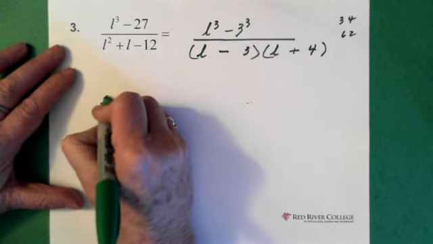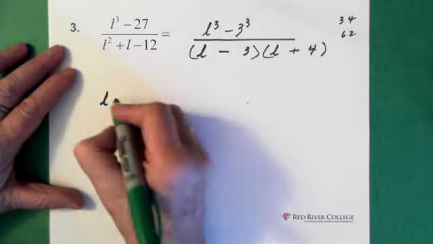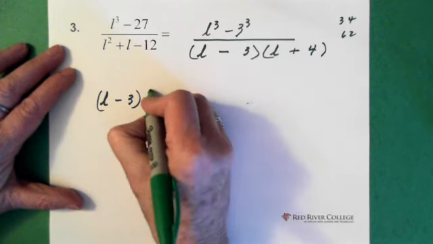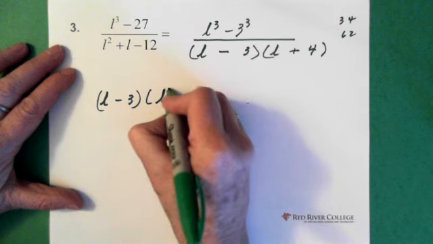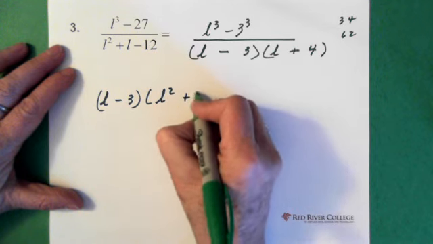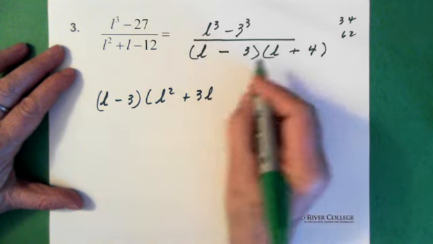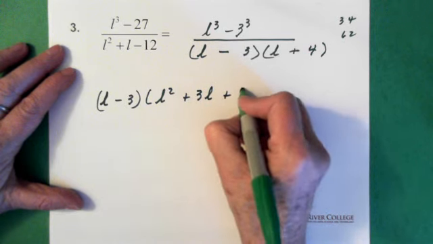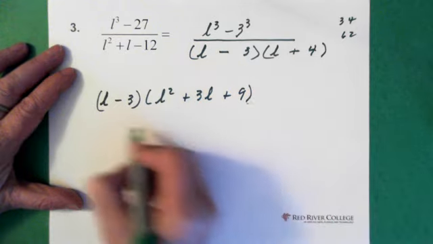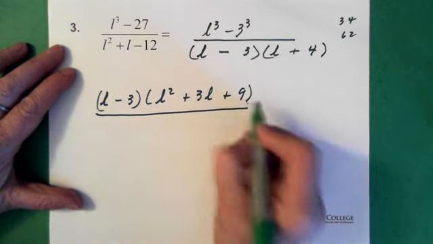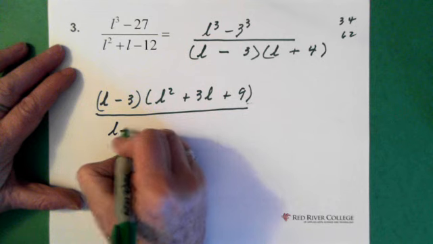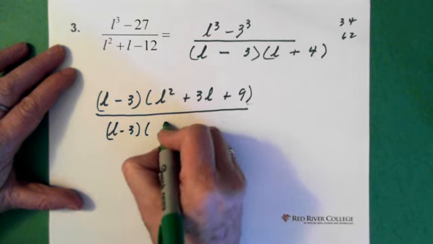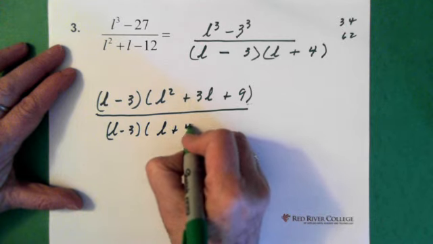And we have L, so when we factor the top, we have L minus 3 times L squared plus 3L plus, and then it's 3 squared, which is 9. All right. And this is all divided by L minus 3 times L plus 4.